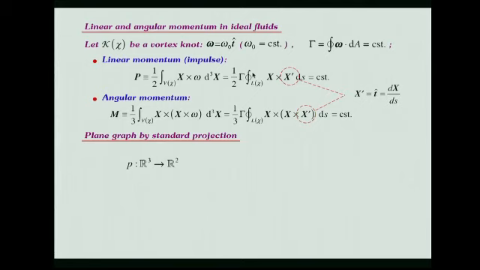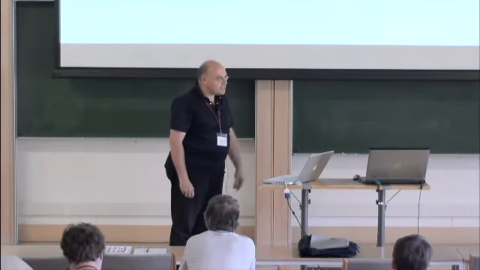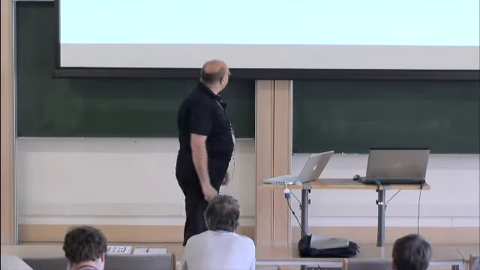So the idea is: I have a space curve, I project it on a plane, and presumably I can relate the area that I read out from that planar projection to the component of the vector quantity that I'm going to refer to.